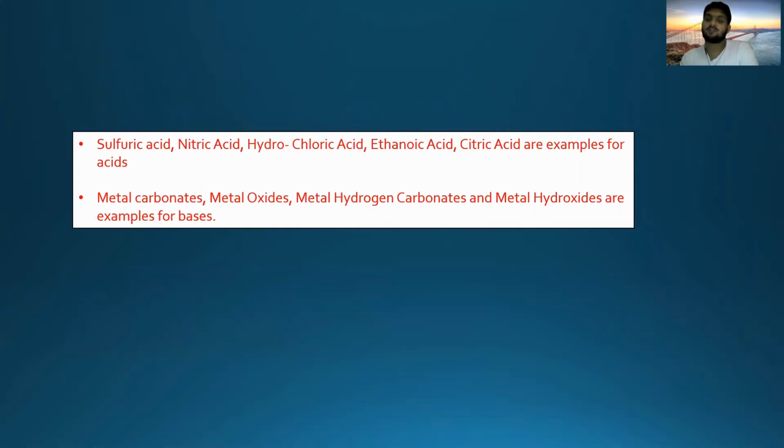There are a few examples that I have given here for acids: sulfuric acid, nitric acid, hydrochloric acid, ethanoic acid, citric acid. In terms of bases, metal carbonates, metal oxides, metal hydrogen carbonates and metal hydroxides are the examples. Any metal in the form of a carbonate, oxide, hydroxide, or hydrogen carbonate will be an example of a base.